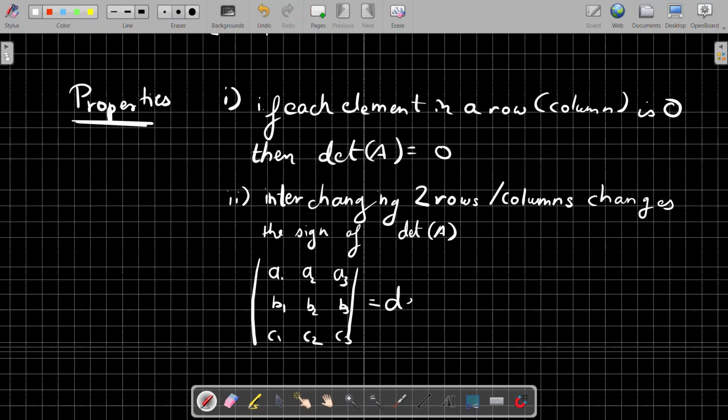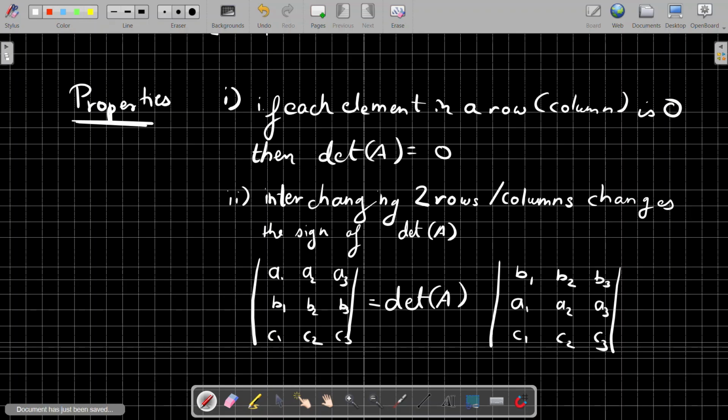That will come as, let's say, we will represent with det A. Now, if we write a matrix in which elements are B1, B2, B3, A1, A2, A3, C1, C2, C3, and take the determinant of this matrix, this will be equal to minus det A. This is what this property means.